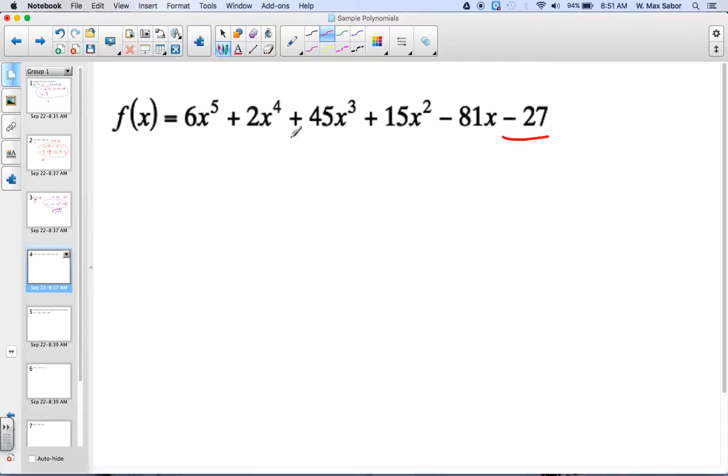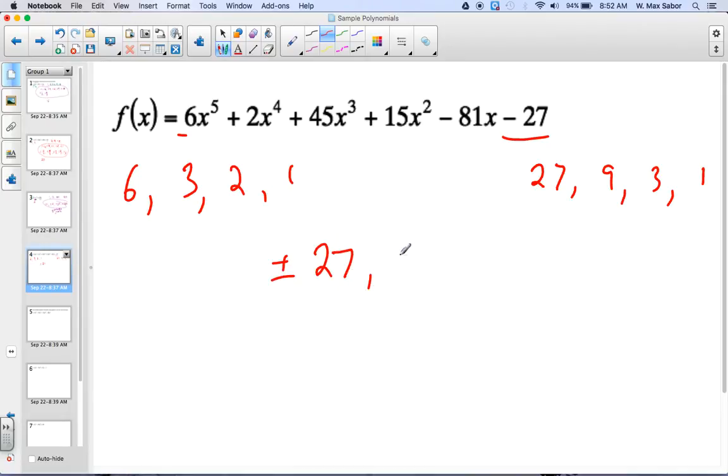Last example, we look at the factors of 27: 27, 9, 3, and 1. And the factors of 6: 6, 3, 2, and 1. So we're going to take the factors of the constant. If we divide by 1, we get these. What if we divide by 2?